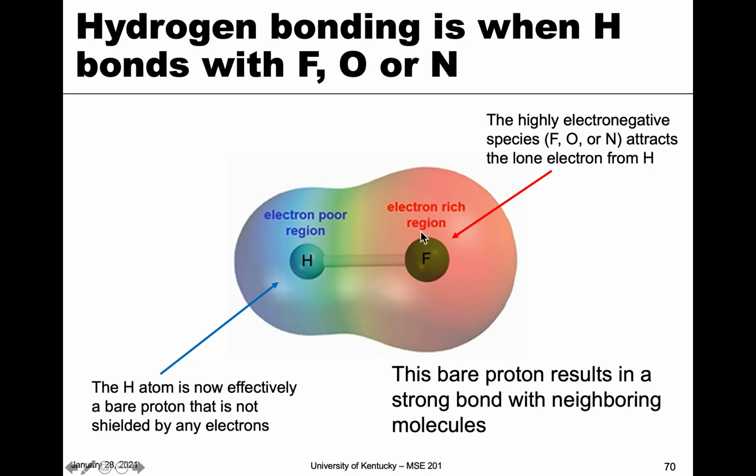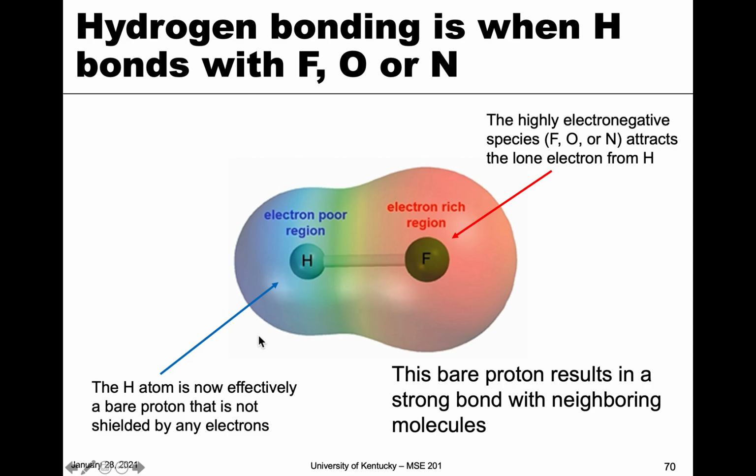The reason it's so strong is because the electronegative species attracts that electron from hydrogen, but since hydrogen is atomic number 1, it only has one electron. That is the lone electron, and so that electron basically is over here most of the time. This leaves a bare proton where it's not shielded by any electrons. And so that's a very positive charge, and therefore creates a very strong bond with neighboring molecules.